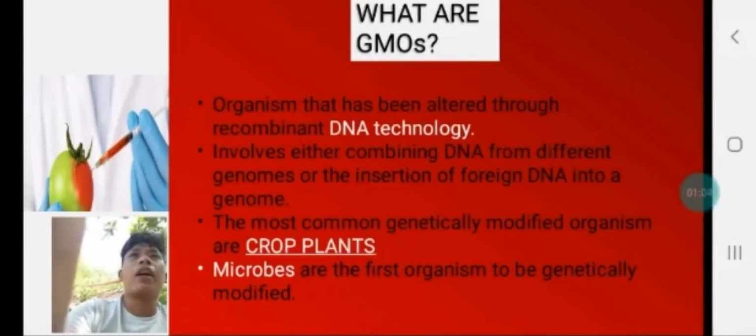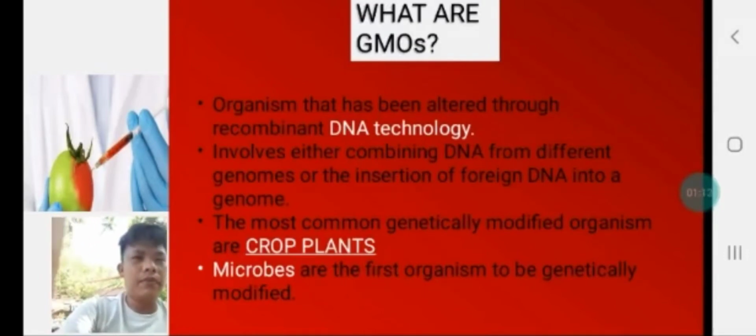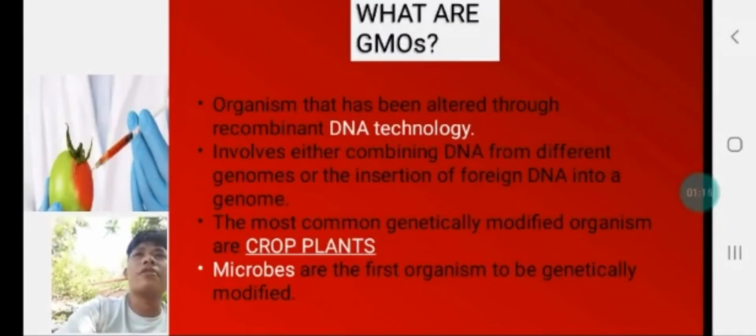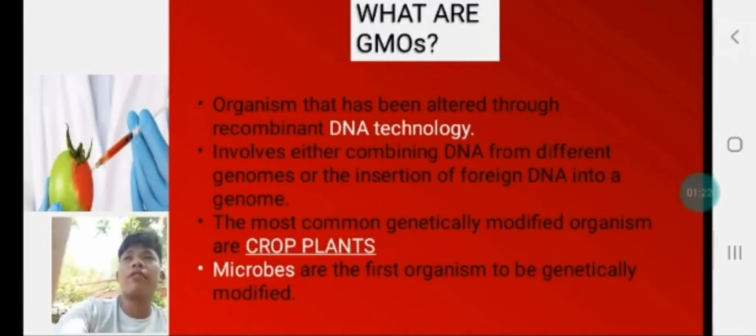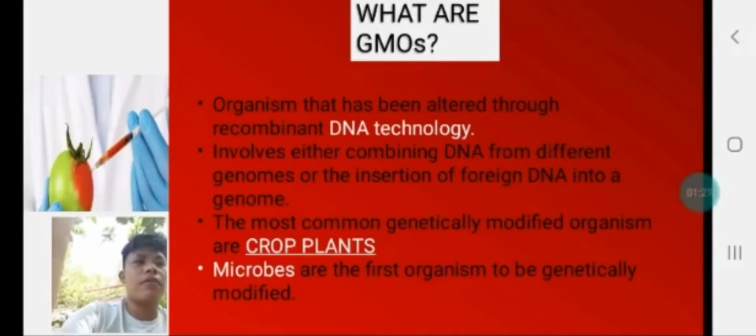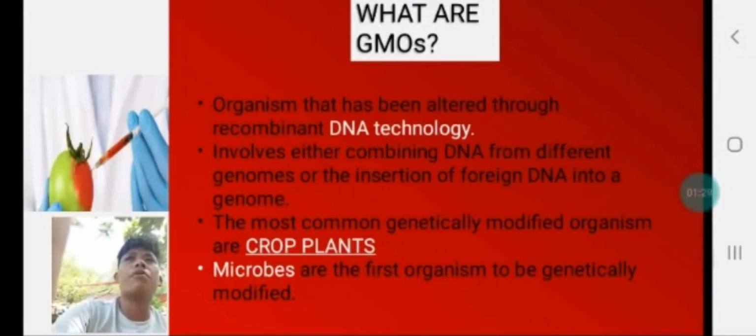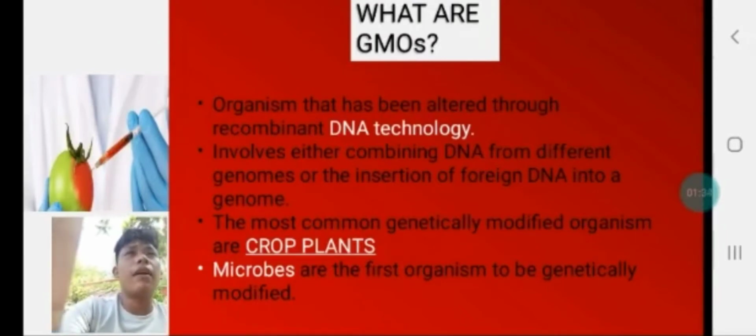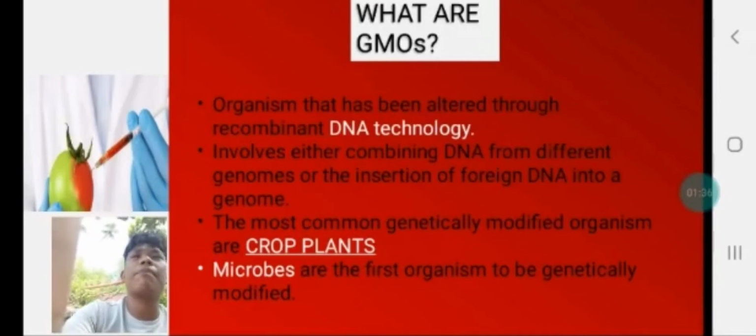So the genetically modified organism is produced through combining different DNA genomes, so that they can produce something better, or something new, like for example the fruits.